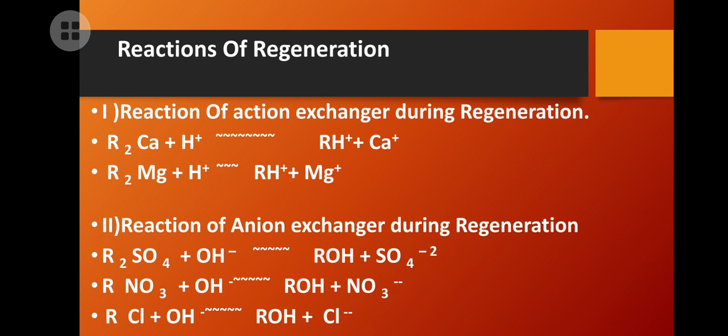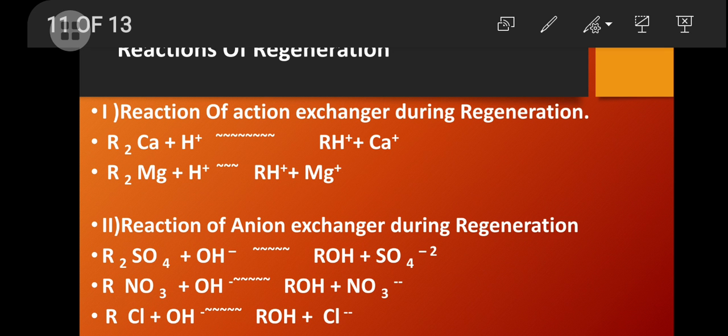The first reaction is with R2Ca. It reacts with H ion, that is, HCl is passed, and the compound that is formed is again RH, and calcium ion is released. Since it is HCl that is pumped in, we have a solution of calcium chloride forming.